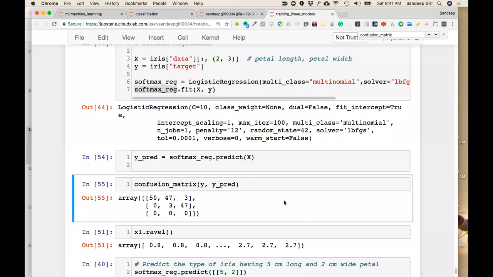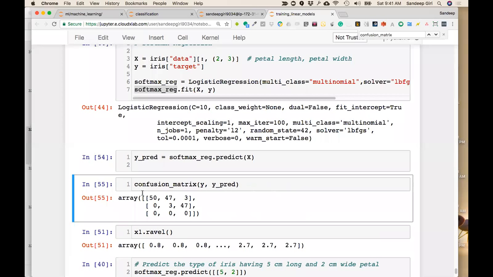Okay, so yes, this is the confusion matrix you could try.